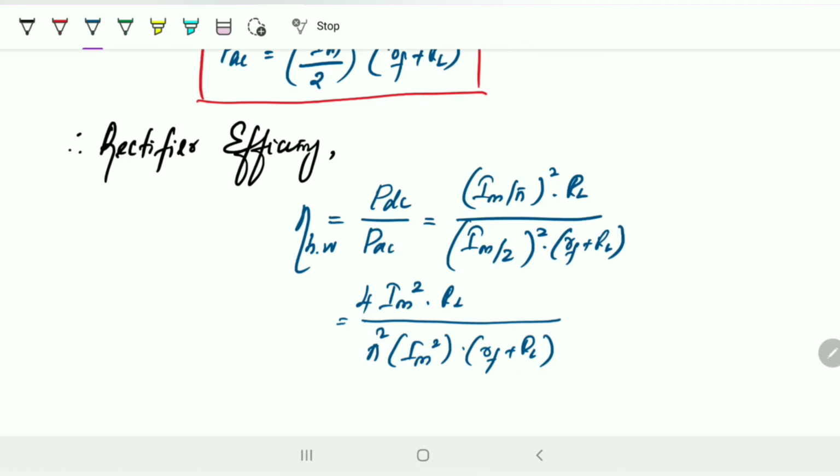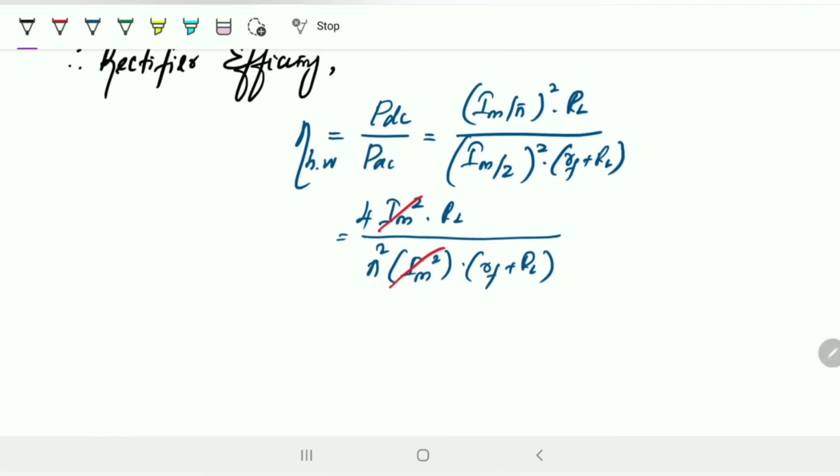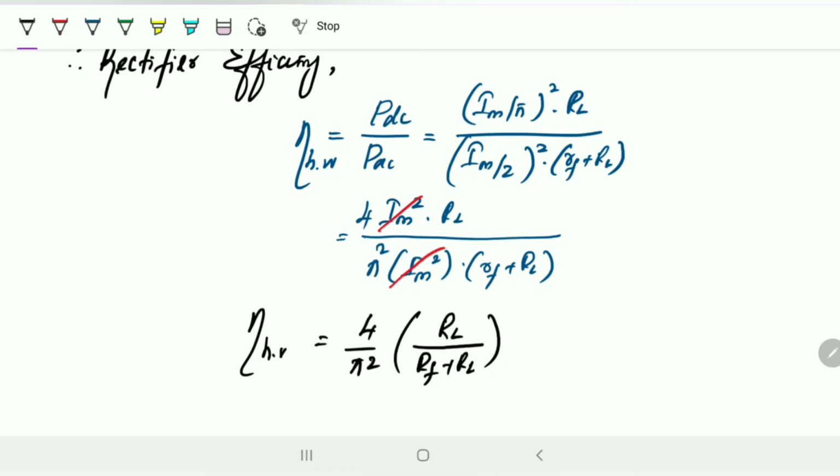The Im square terms cancel, and therefore you have 4 by pi square into RL by RF plus RL. This is the efficiency of the half wave rectifier.